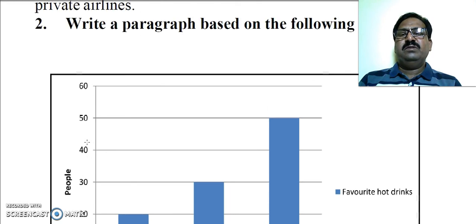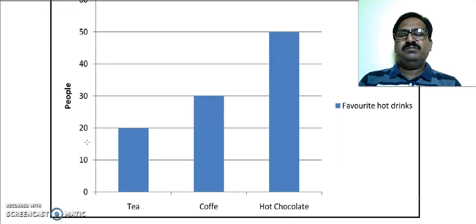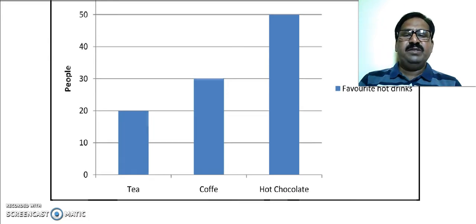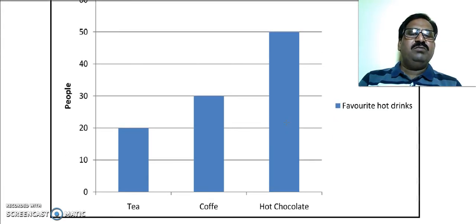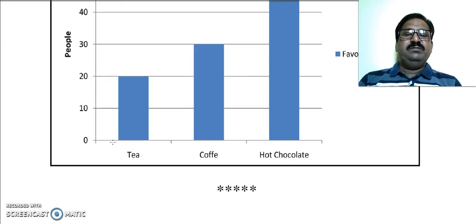Here is the percentage of people on the left side: 10, 20, 30, 40, 50, etc. And in this bar diagram, the bars show tea, coffee, hot chocolate. How many people enjoy hot chocolate? 50%, then coffee 30, tea 20, etc. So you can compare this information.